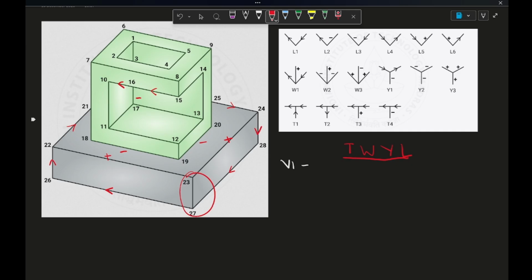Okay, now this thing remains. So what does this thing do? This is not a right edge, right? I'm calling the arrow edges as right edges. So this is not a right edge because there's no material to the right.